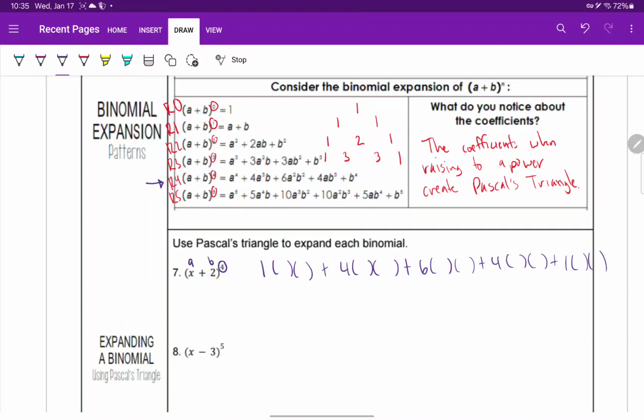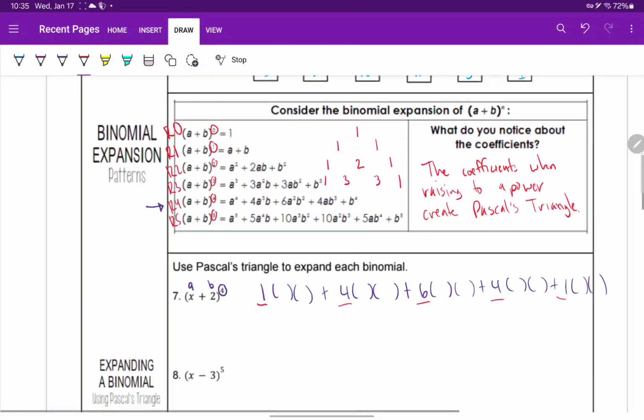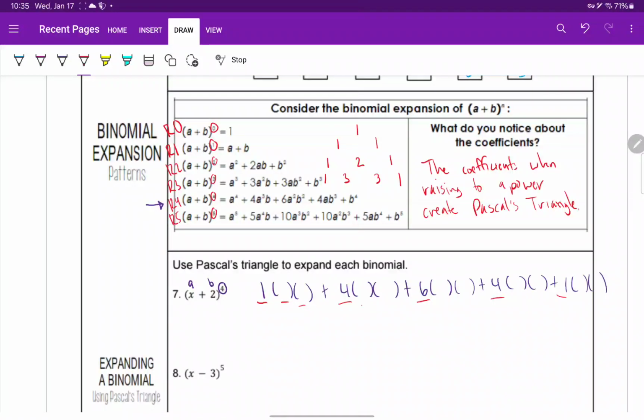Okay, so first off, we have the coefficients 1, 4, 6, 4, 1, and again, that just comes from here. Now you're probably asking yourself, what are these spaces here for? These spaces are going to be for my A and my B, because if you look at the formula above, there are A's and B's in each one.